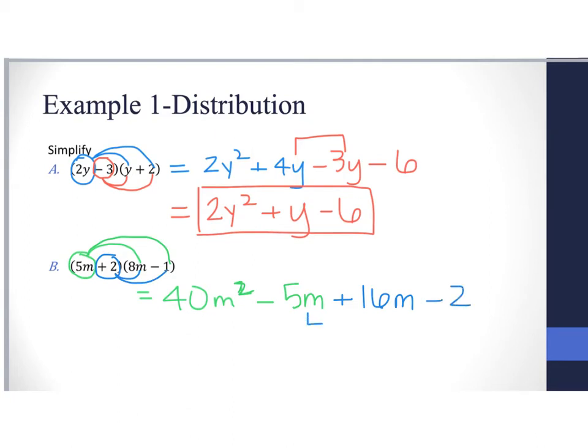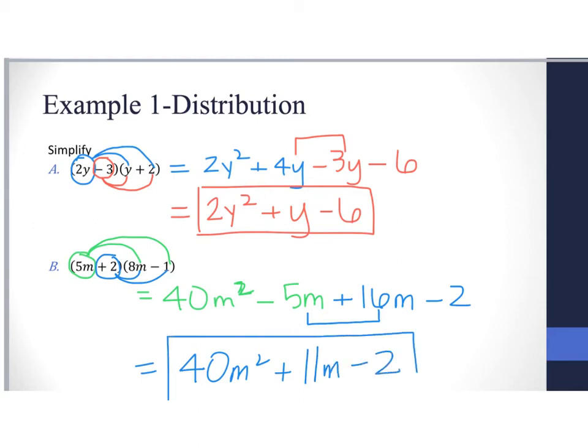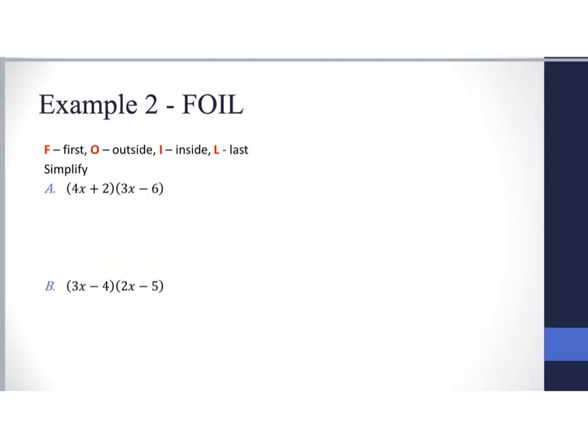Now here you can see I have two like terms. And so if I simplify this, I end up with 40m squared minus 5m plus 16m, which gives me a positive 11m, and then I have my minus 2. So this right here is my final answer.